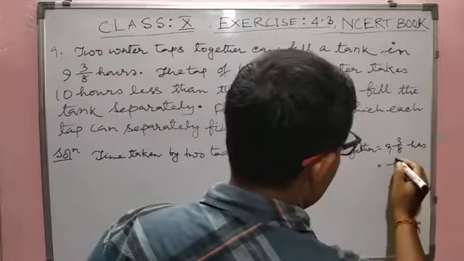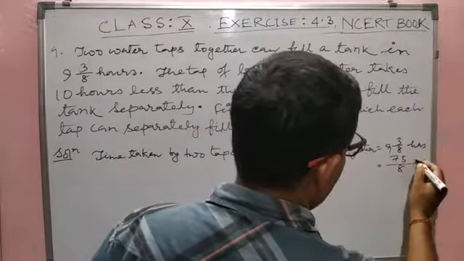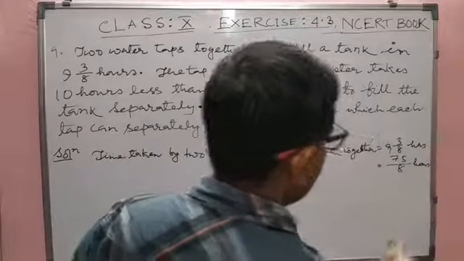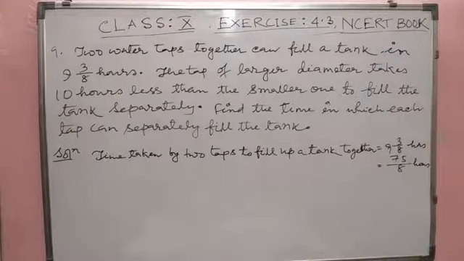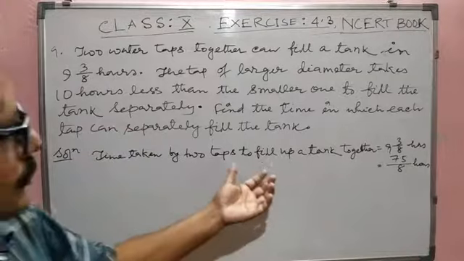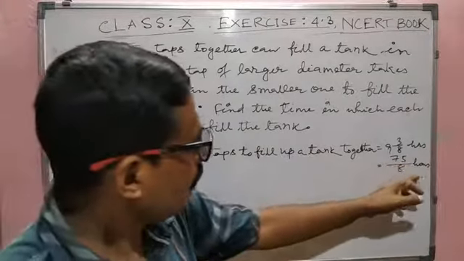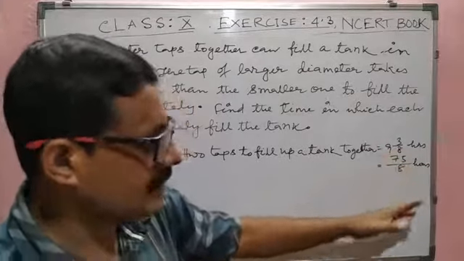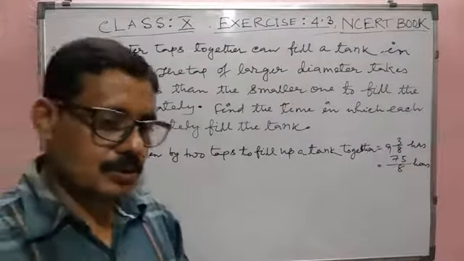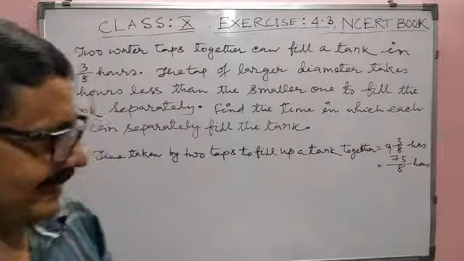That means it will be 75/8 hours. Time taken by two taps to fill up a tank together is given. So in 75/8 hours both the taps together can fill up the tank.